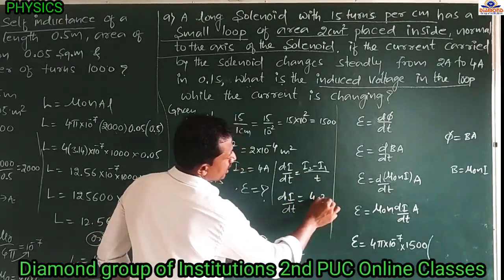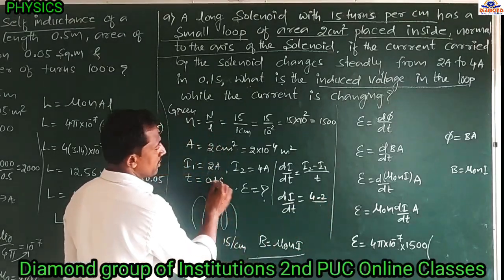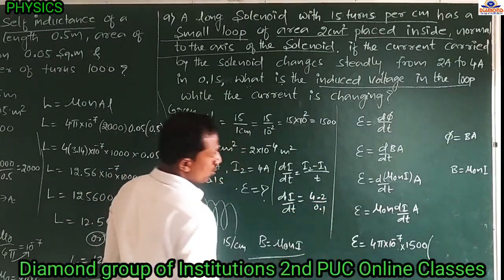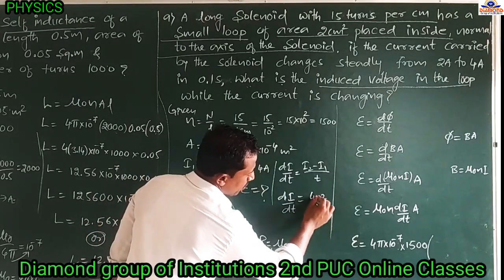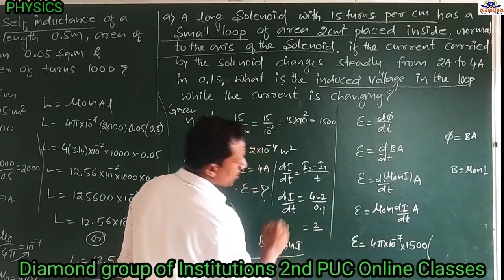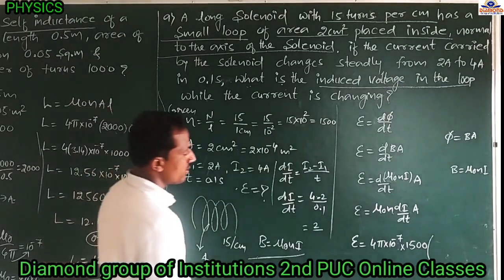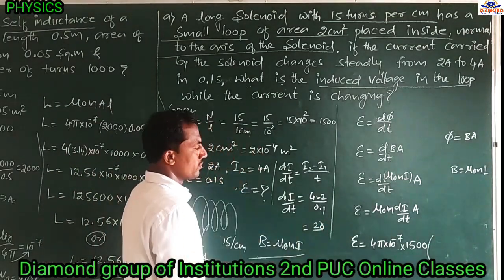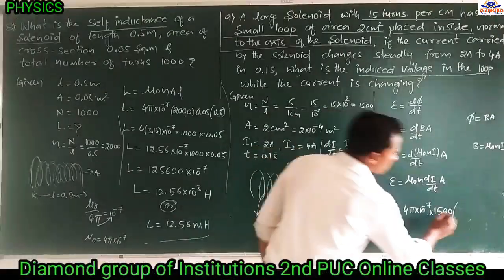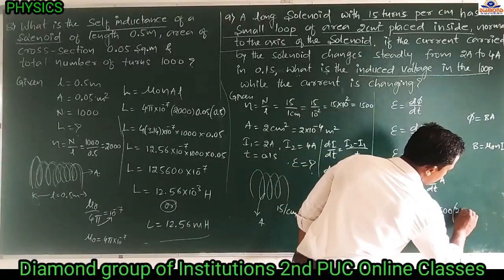What is I1? 2. So 4 minus 2 divided by 0.1, which is 2 divided by 0.1, that is 20. Then we substitute this value, 20.